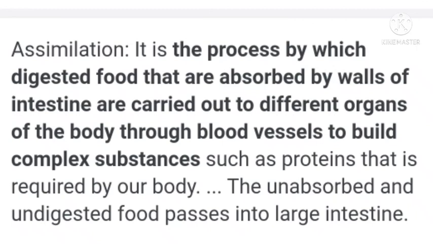Because of these proteins and various other substances, our body grows regularly. So without assimilation nothing is possible. We can say that the final stage of digestion is assimilation. I hope it is clear to you. Now read it yourself also, because these definitions are very important.